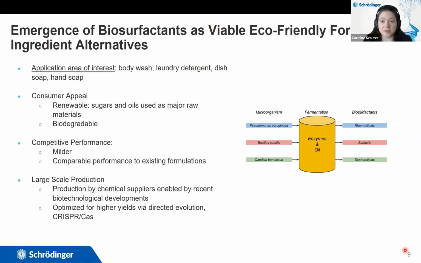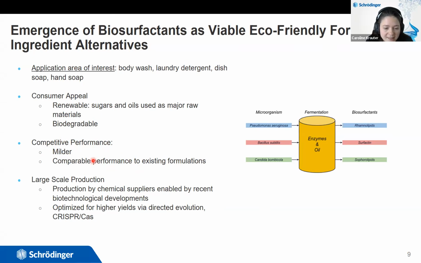So biosurfactants, of course, are a very active area of research as eco-friendly alternatives to formulation ingredients, with a wide range of application areas, mainly in detergents, soaps, etc. There's of course a high consumer appeal, renewable, biodegradable. They often even have a competitive performance in that they are milder, but still have a comparable performance to existing surfactants.